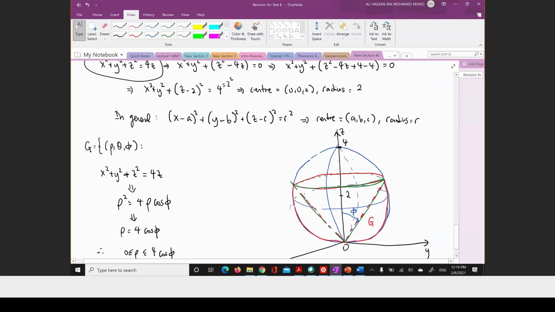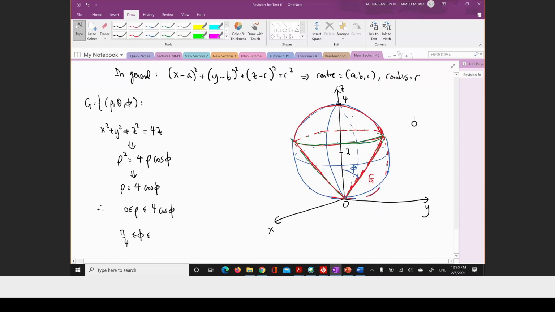Sorry, my mistake. So it is the ice cream cone. It's bounded below the sphere and above the cone.